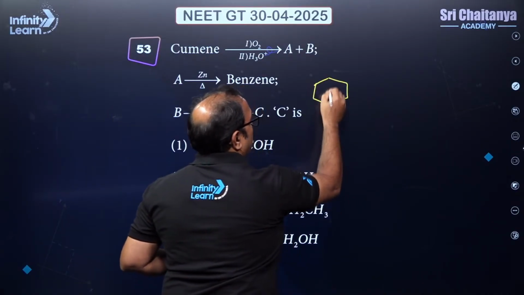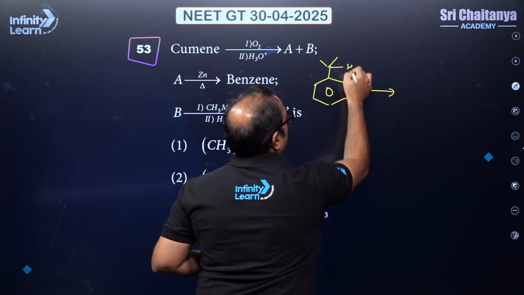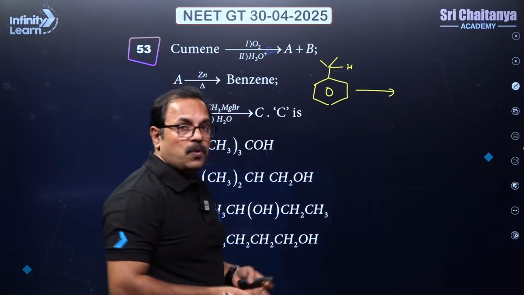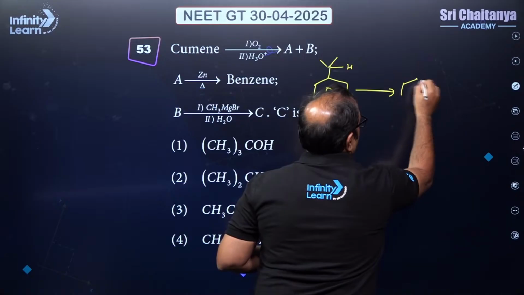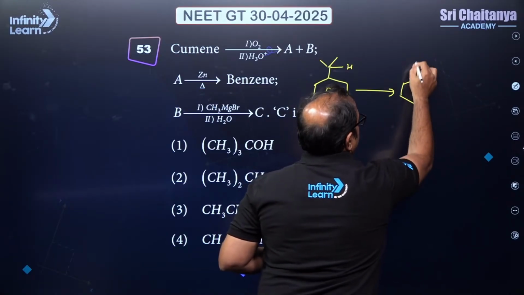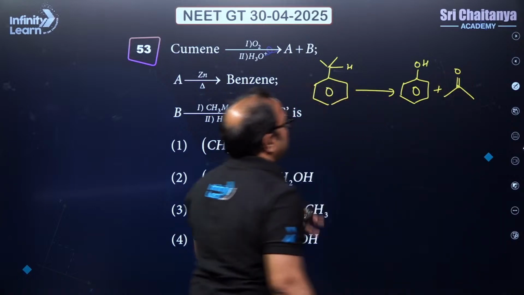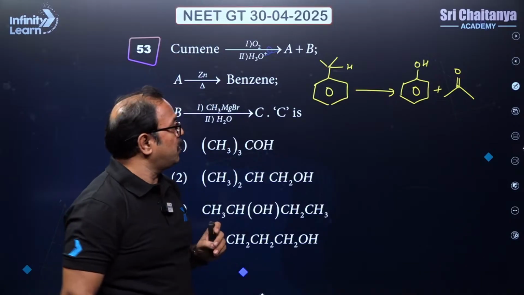When isopropyl benzene is subjected to oxidation, this hydrogen gets oxidized and it forms cumene hydroperoxide, which can be further hydrolyzed. It can form two components, one is phenol, and it also forms acetone. He is not asking about the intermediate component which forms between these two, that is cumene hydroperoxide.